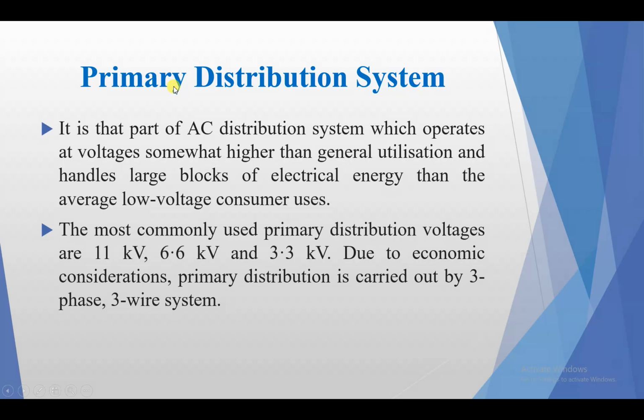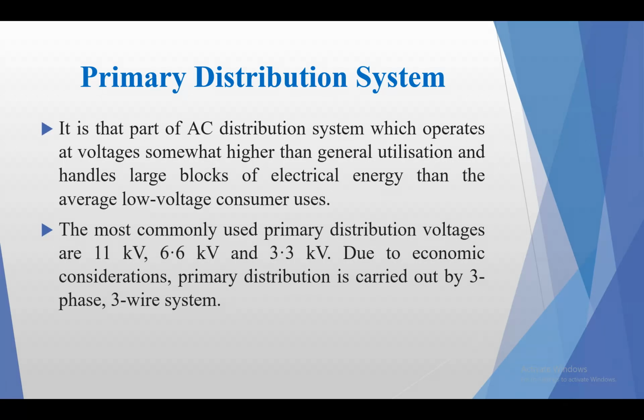So in AC distribution we have a primary distribution system and a secondary distribution system. So what is the primary distribution system? It is that part of the AC distribution system which operates at a voltage somewhat higher than the general utilization voltage and handles a large block of electrical energy than the average low voltage consumer uses.